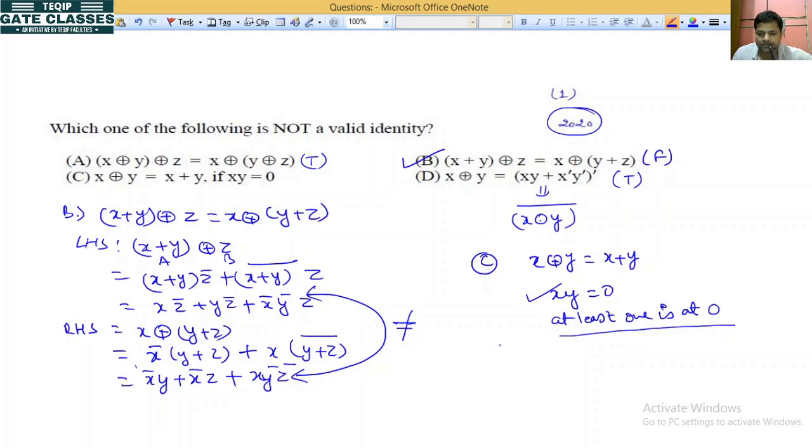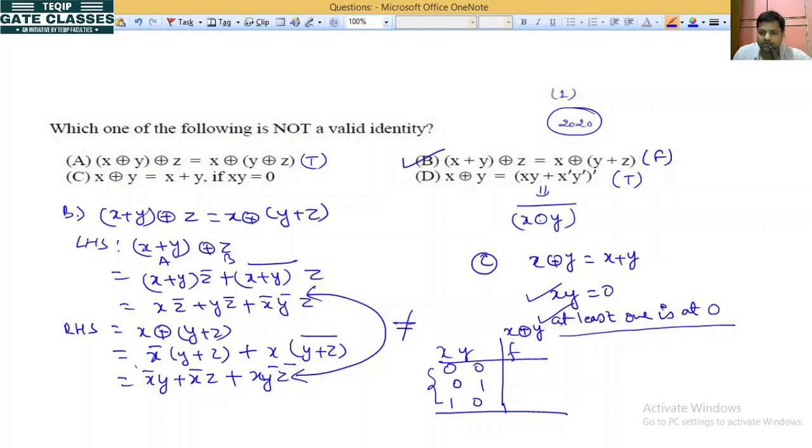In that case I want to write the truth table of XOR gate. See here, it is X, Y, F, where F is X XOR Y: 0 0, 0 1, 1 0. These are the three cases that come in this format, because at least one is 0, so either X is 0 or Y is 0 or both 0.